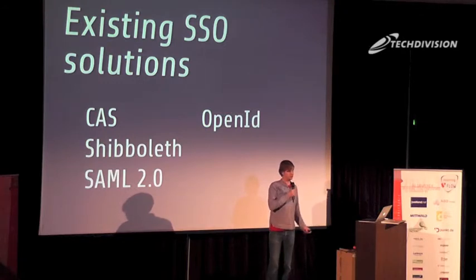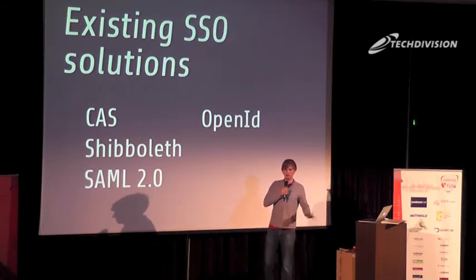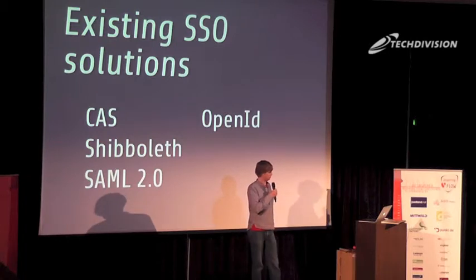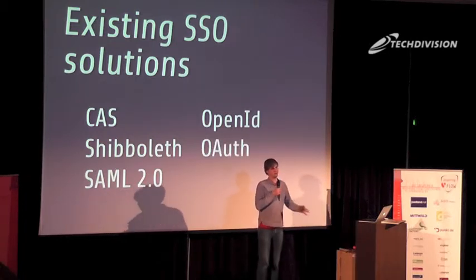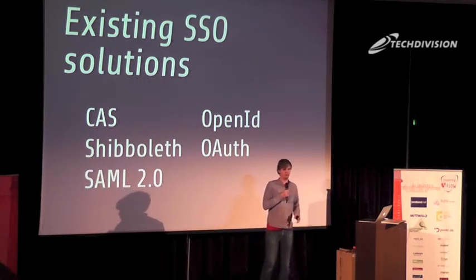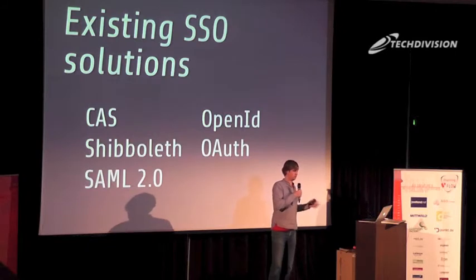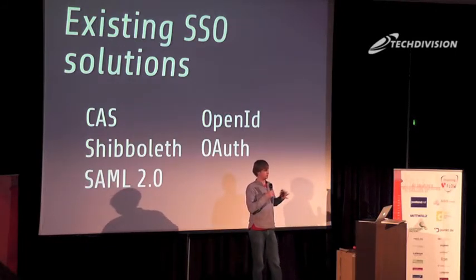So it's nice to integrate into external systems, and for you as a user to say, okay, I want to decentralize the identity management, but it's not exactly what we wanted to do. Then there's OAuth. OAuth is more about authorization than authentication. There is the possibility to do this single sign-on stuff with OAuth, but also there it does not really fit what we wanted to do.